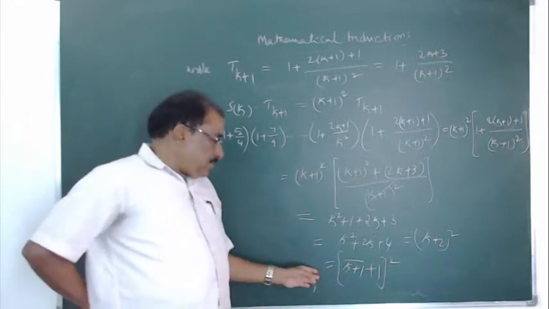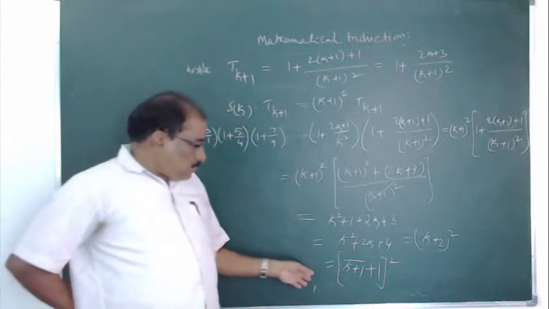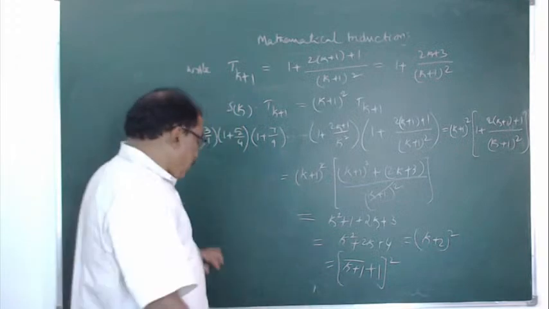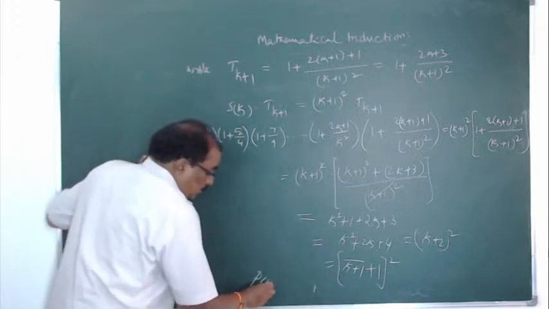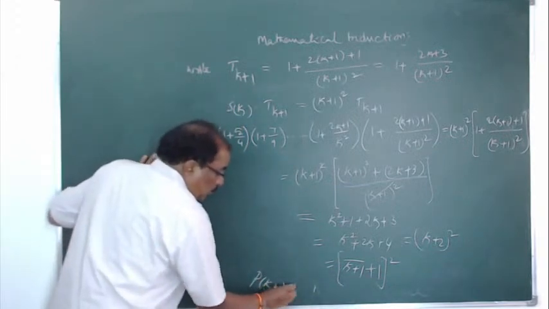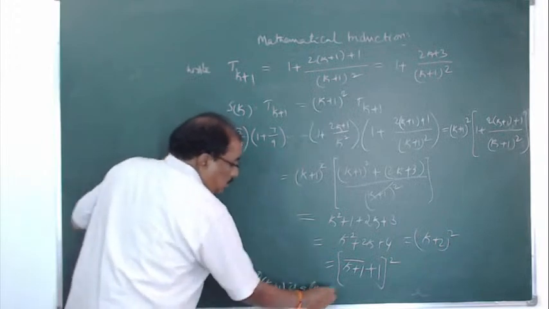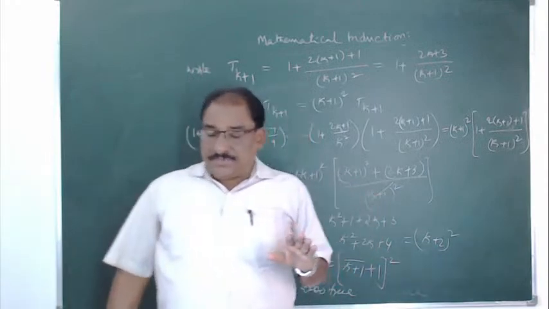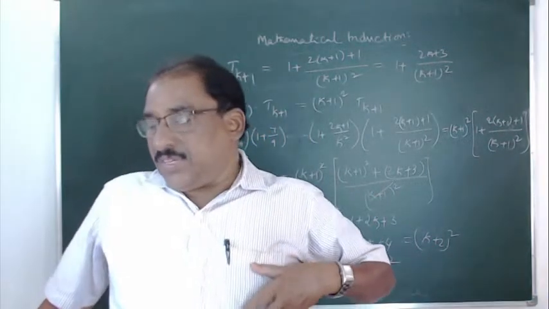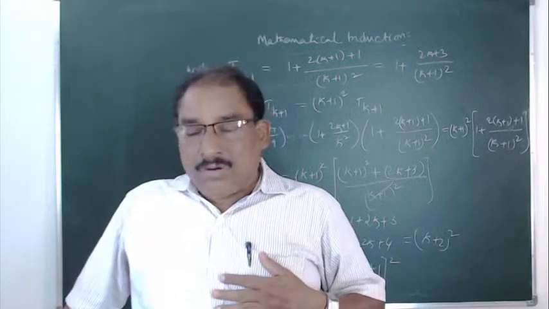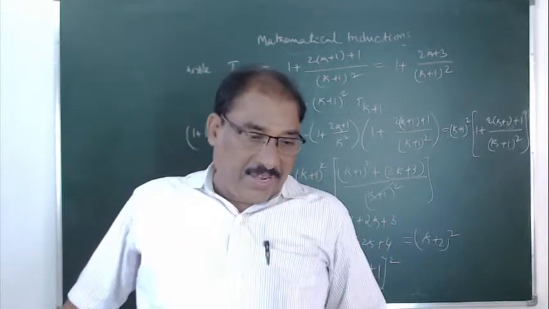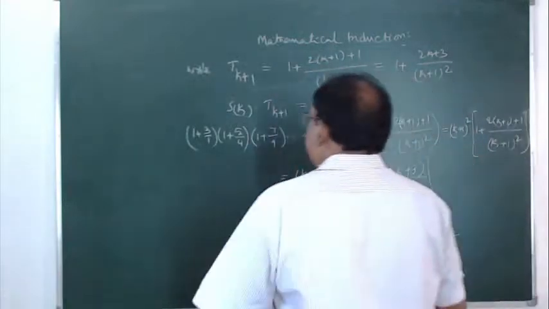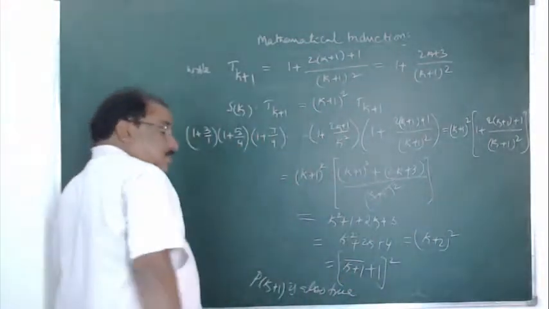What is the resulting factor? k plus 1 whole square in the formula. Okay. For P of k plus 1 is also true. Hence the given series is true for all n values. Simply like that, we complete the exercise problems.